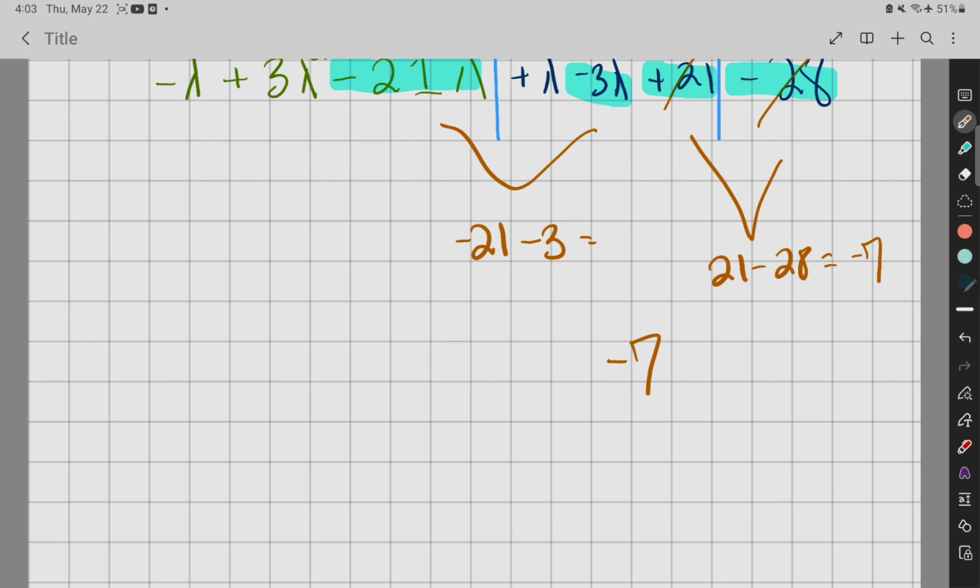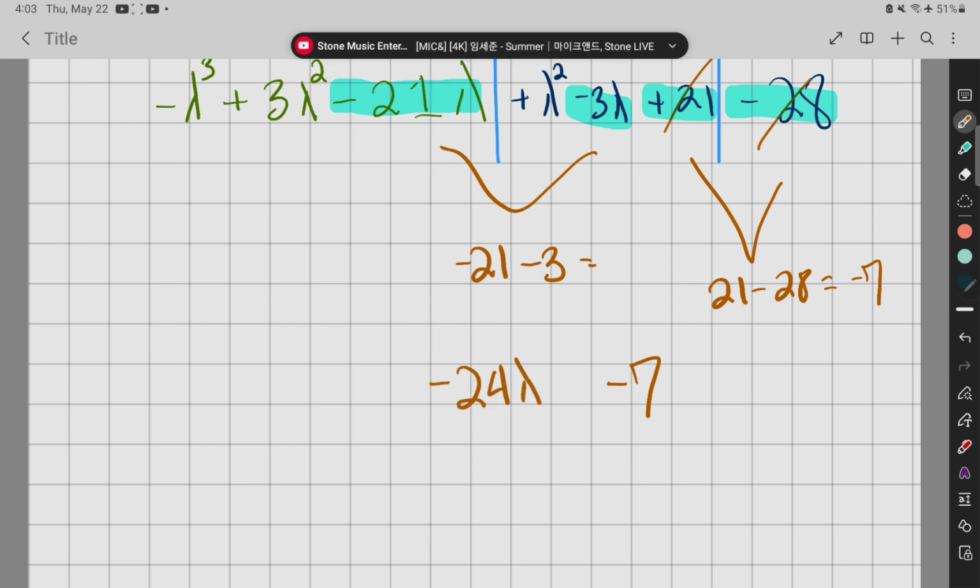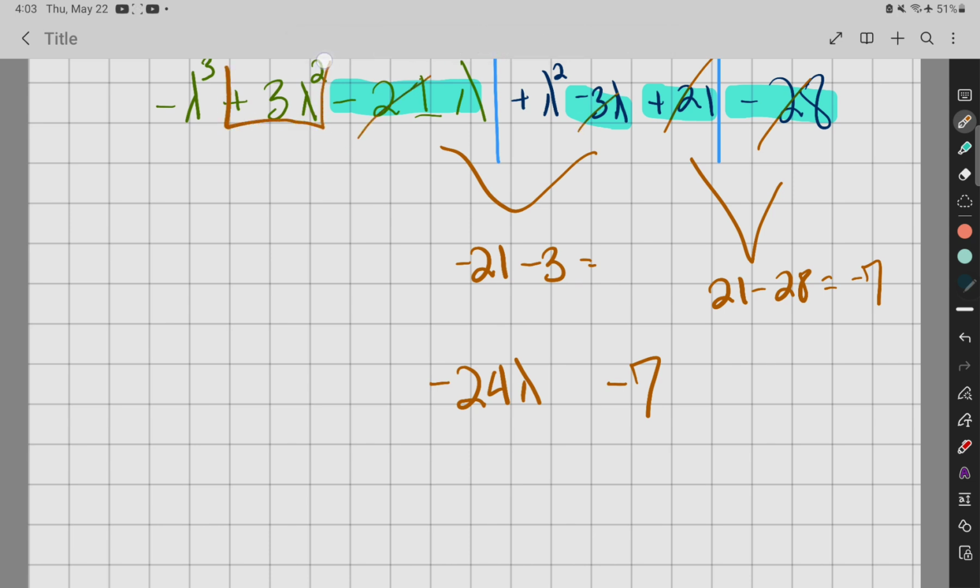Sorry about that. So you're going to get minus 24 lambda. So then, like I said, cross that out. We're done, right? So then we have positive 3 lambda squared plus positive lambda squared. So this is saying 3 plus 1 because of the coefficient right here. That's 1.